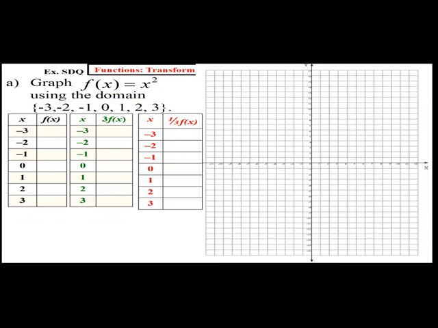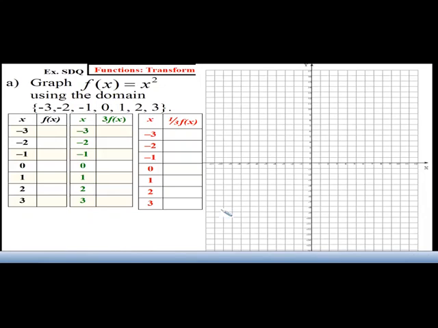All right, here we go. Let's start off with the first table, the one in black. This first table is for graphing f of x equals x squared using the domain -3, -2, -1, 0, 1, 2, and 3.